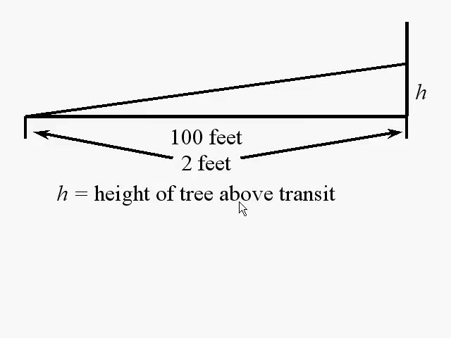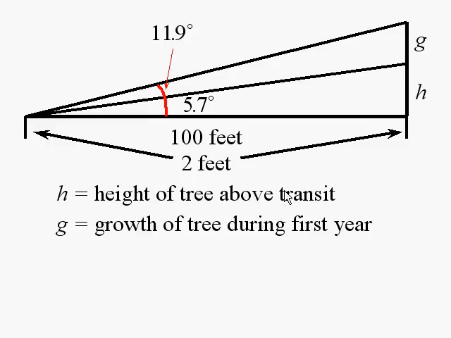and G as the extra growth, so G plus H is the height after the second year. We'll make 5.7 degrees the given angle for the first year relative to this side H, and 11.9 for G plus H. So tangent of 5.7 in this little triangle, opposite over adjacent, is h over 100.